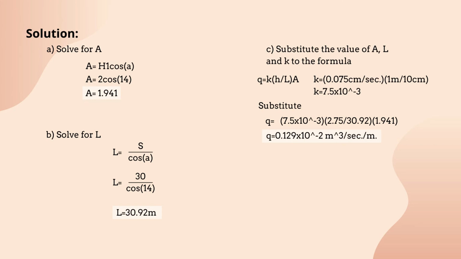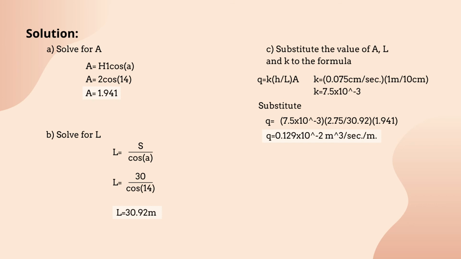L now is equal to 30 over cosine 14, and that is equal to 30.92 meters.